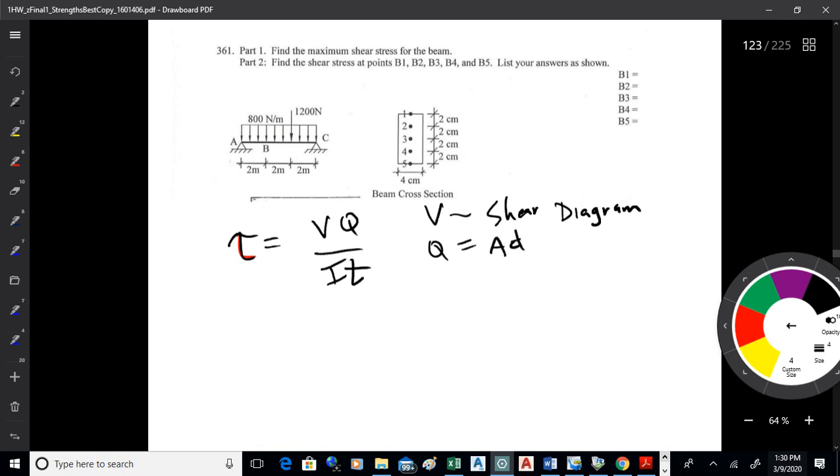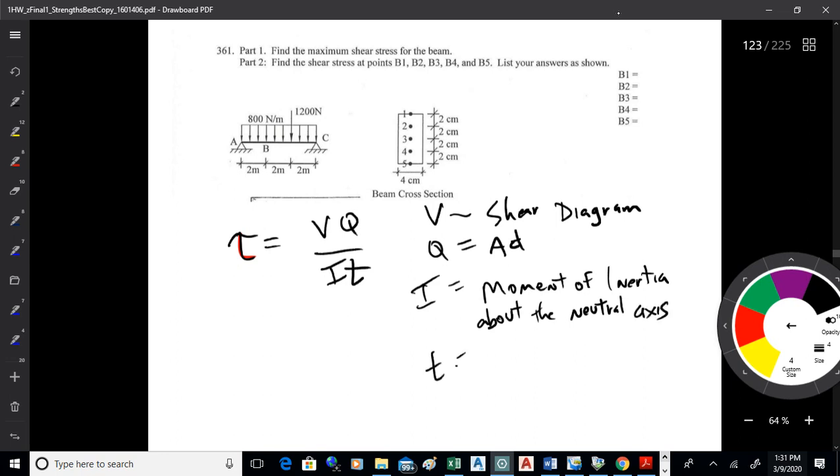I handed that thing out to describe what A and D are. I is the moment of inertia about the neutral axis. And T is the thickness. So that's the four things that you're looking at, and then you'll plug them in.